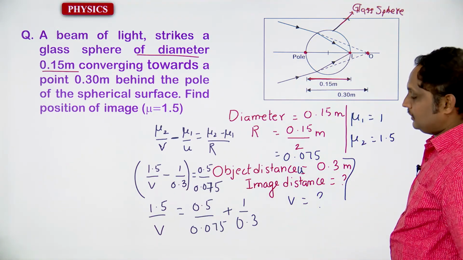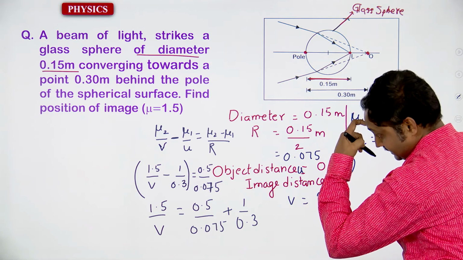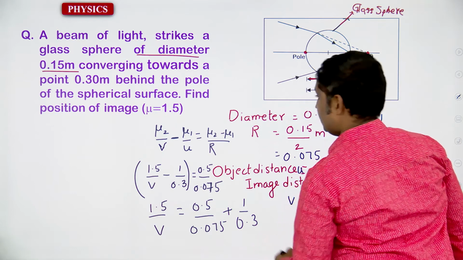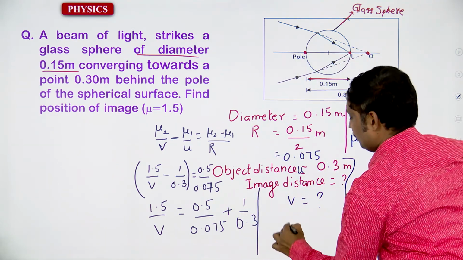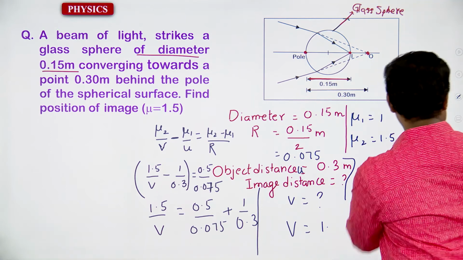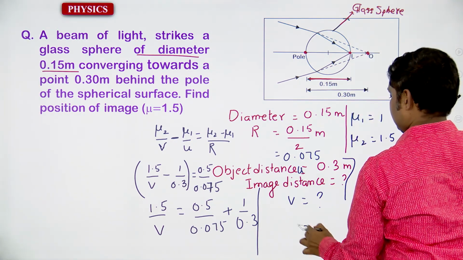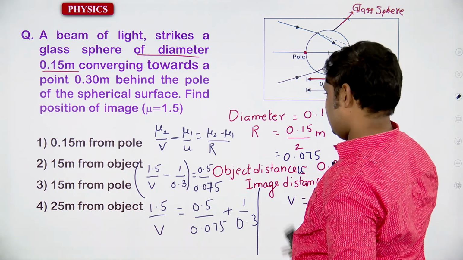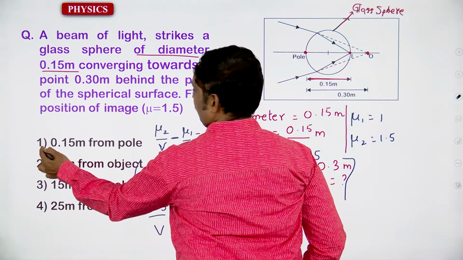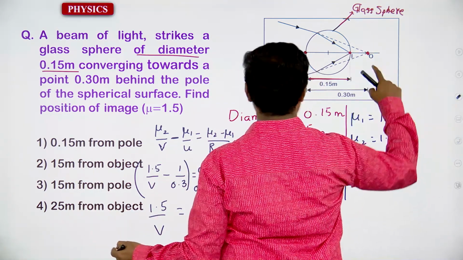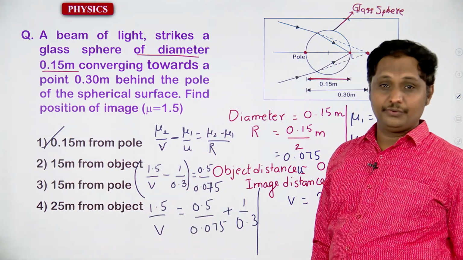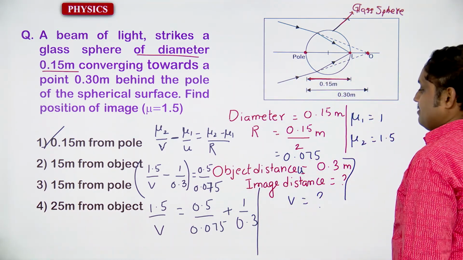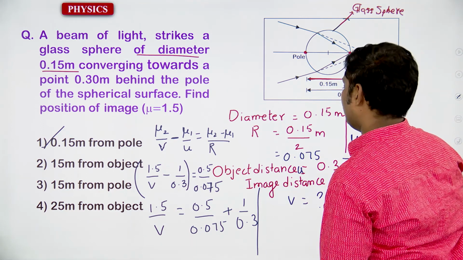After finding all that, v comes out to be 0.15 meter from the pole, which is going to be real. It's very clear. In this way, we will solve the problem.